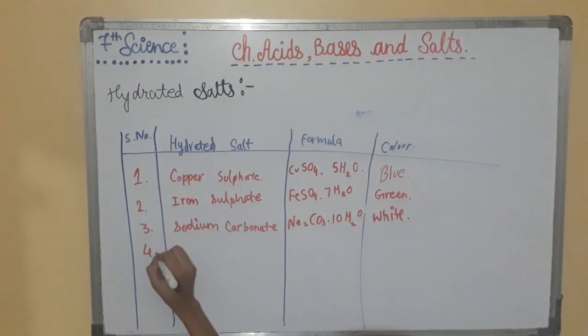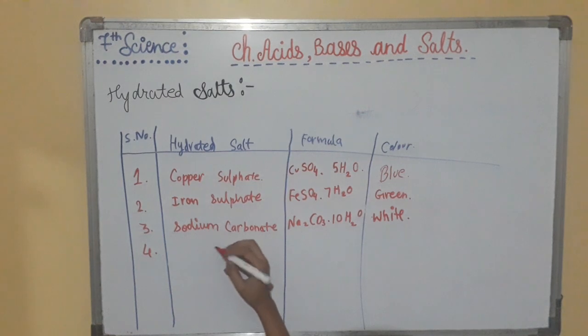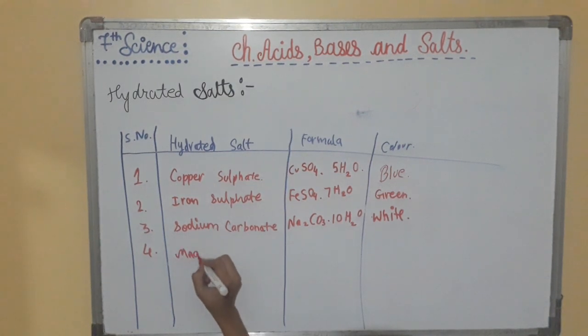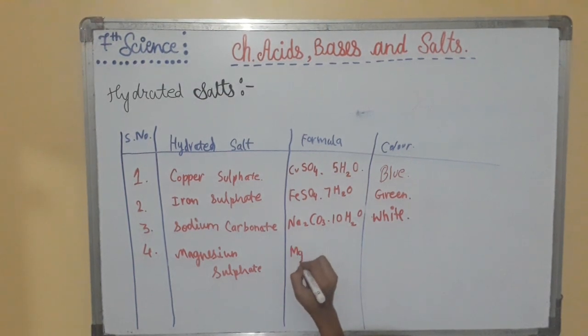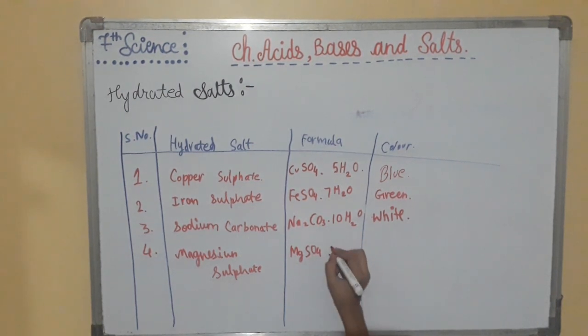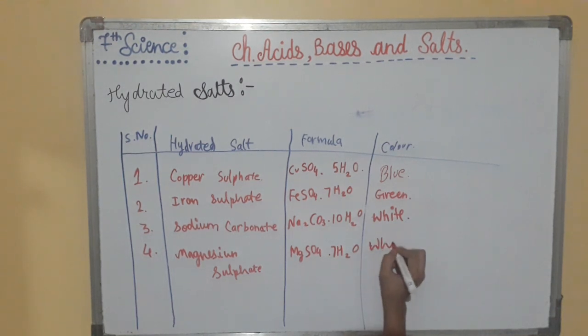Fourth one is magnesium sulfate. And the formula is MgSO4.7H2O, and the color is white, again white.